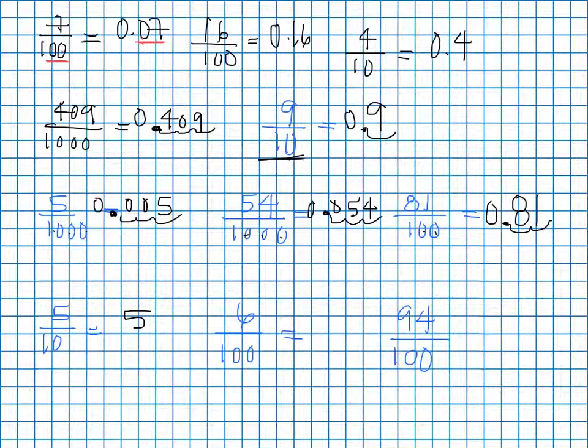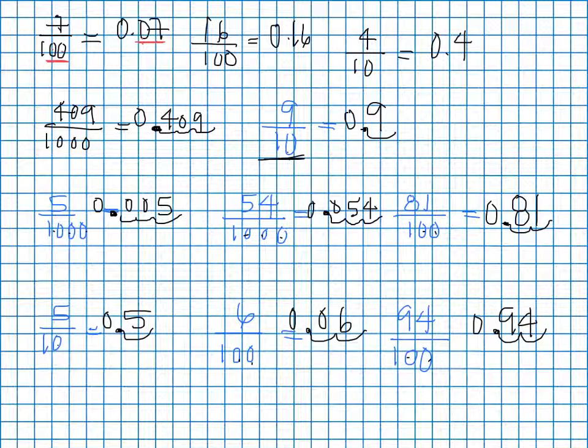We're going to put the 5 there, and 1 zero, so we're going to go 1, right there. 6 over 100, so we're going to put our 6, and we need 1, 2, decimal point right there. And then 94 hundredths, 94, and then 2 zeros, 1, 2.